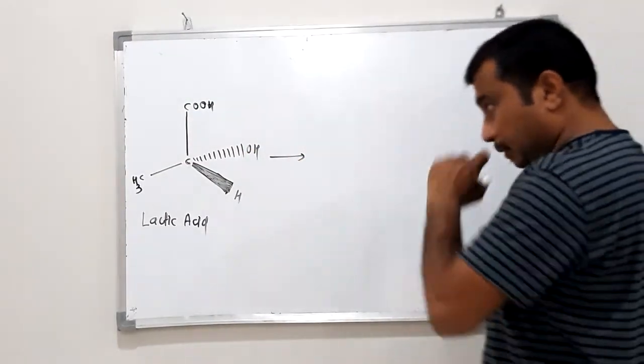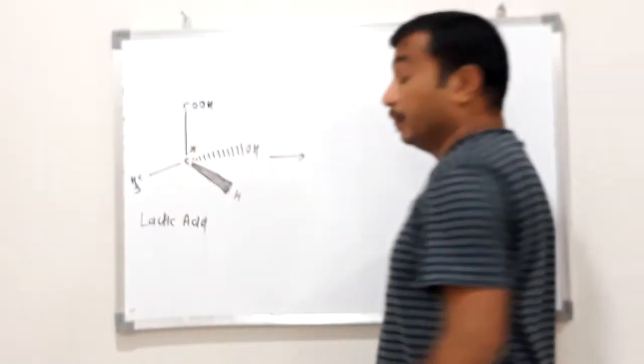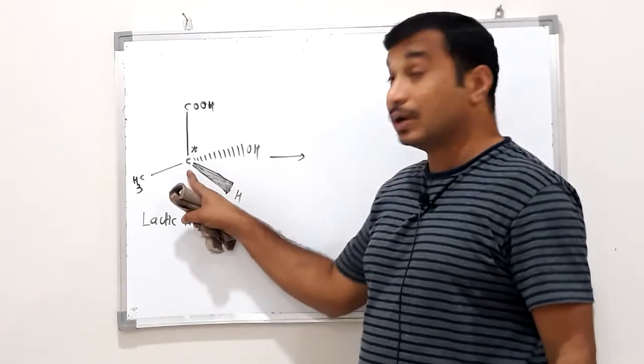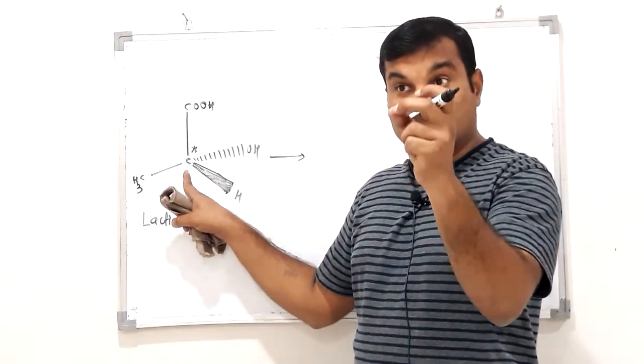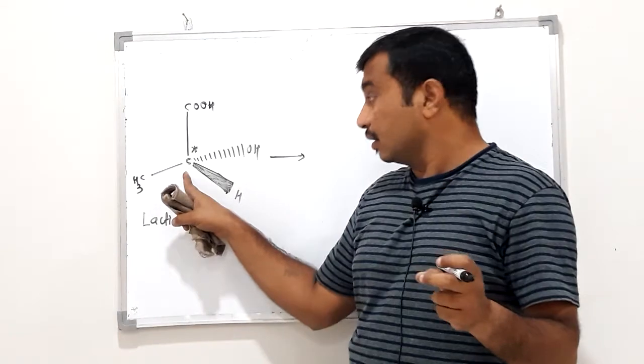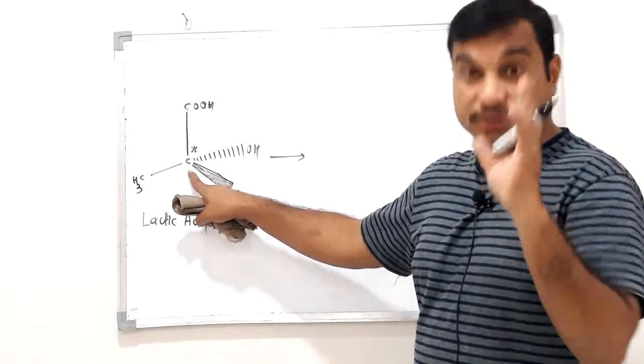Here this is the chiral carbon atom. Very important: first we have to identify the chiral carbon atom. Each chiral carbon atom is represented by a cross.